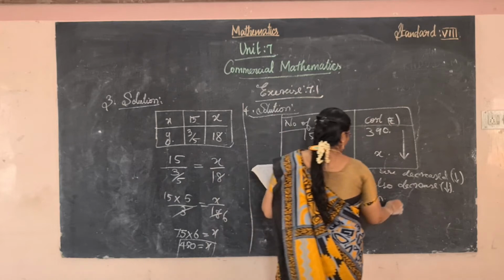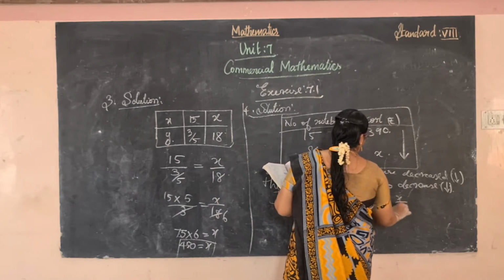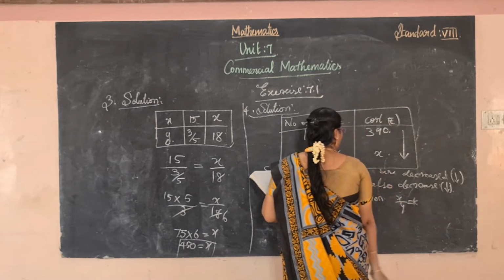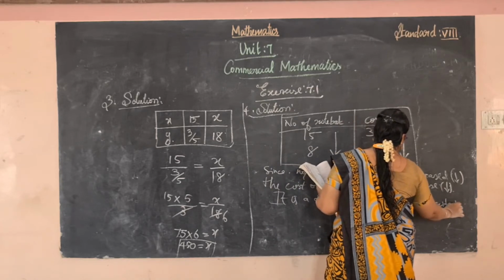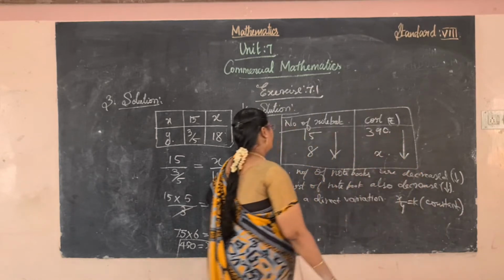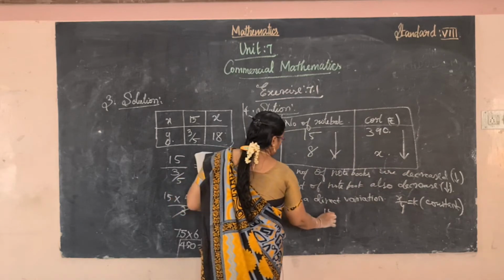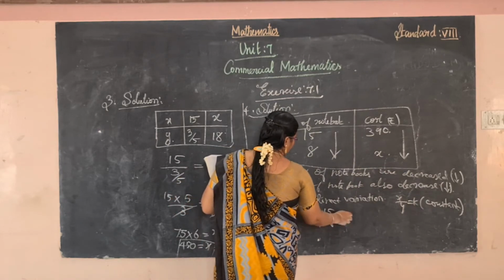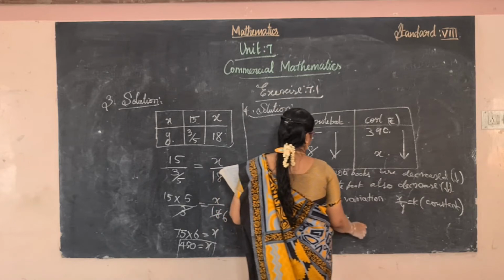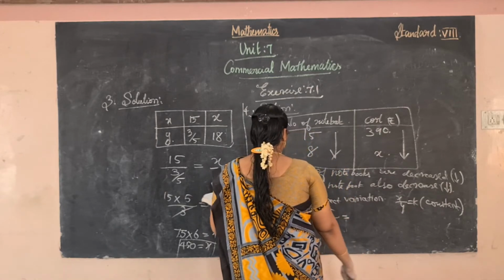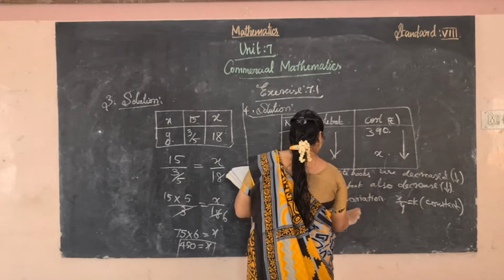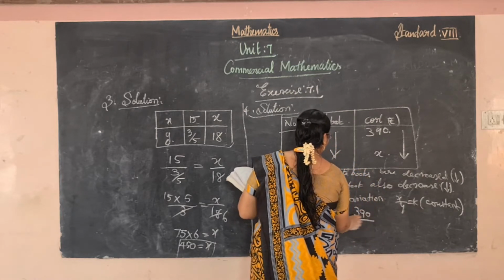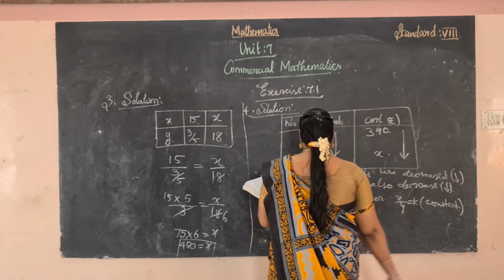So for direct variation, what is the formula? x by y equals k, a constant. So 50 by 8 is equal to 390 by x.